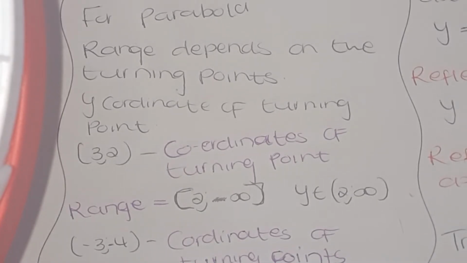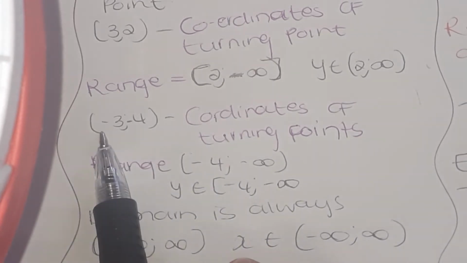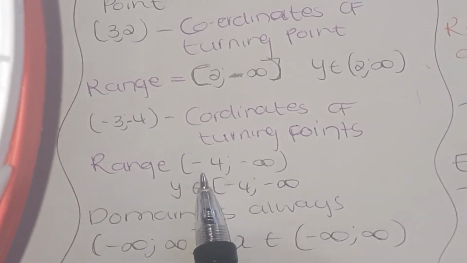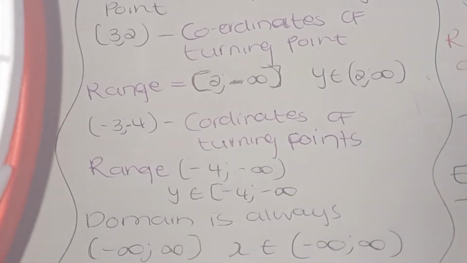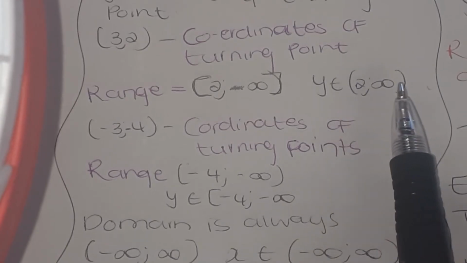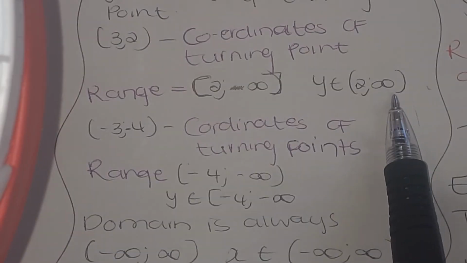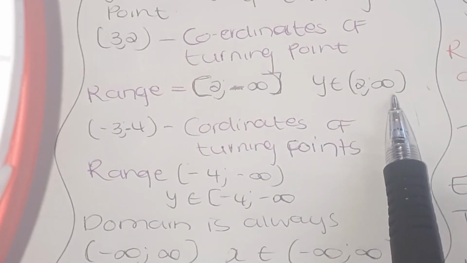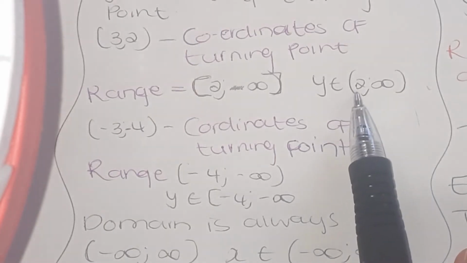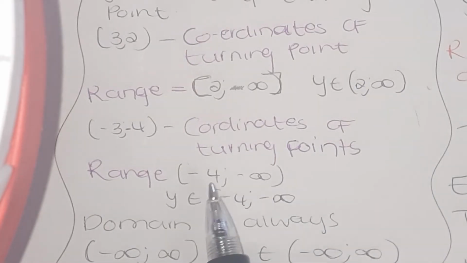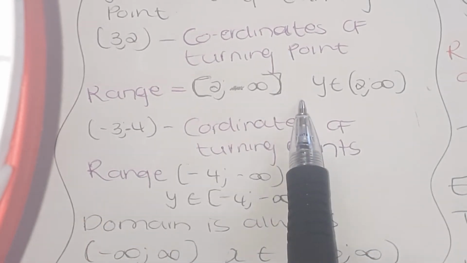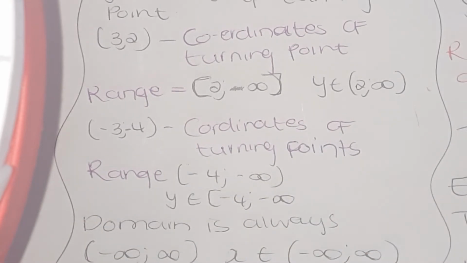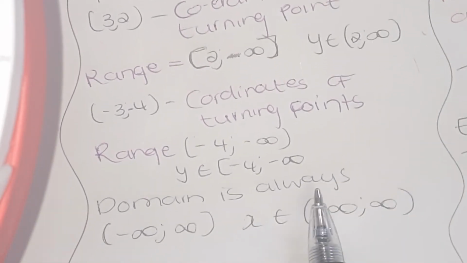For a parabola where the turning point is -3 and -4, your range will be from -4 to -infinity. But if it's positive, it will start from positive to positive. If it's negative, from negative to negative. So from -4 going this side. If it's positive, from 2 going this side. You see, that's how you do it.